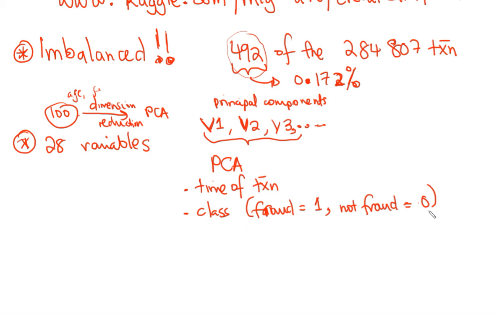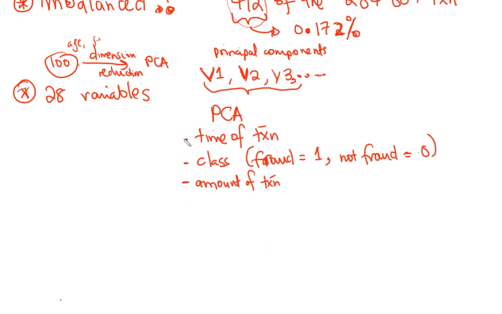And another one that was maintained that didn't go into principal component analysis was the amount of transaction. So those were not put into the principal component analysis to drill down the 100 or whatever dimensions they were. So on top of these principal components, these are the other 3 that were maintained. I think it's only that, if I recall well. If I'm making a mistake, you can just look at the Kaggle page. They will explain exactly what the variables are.